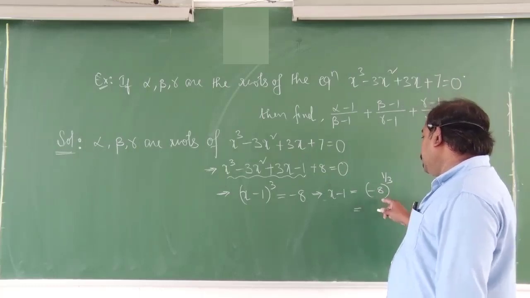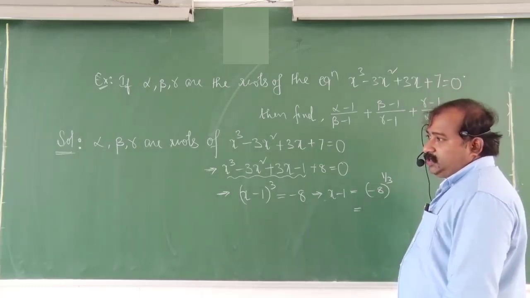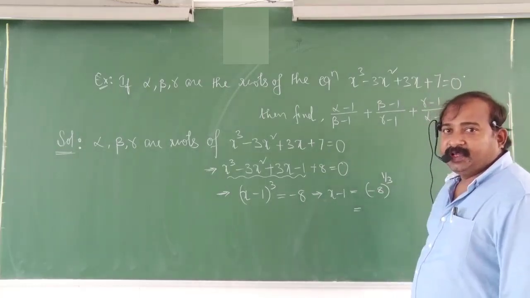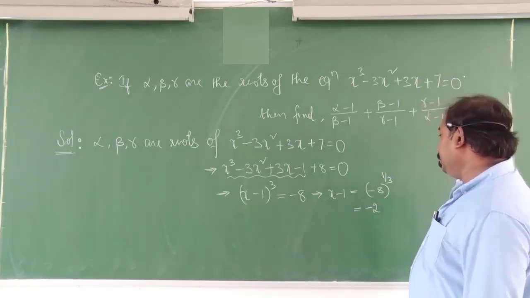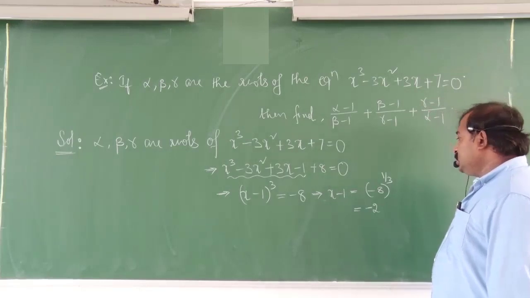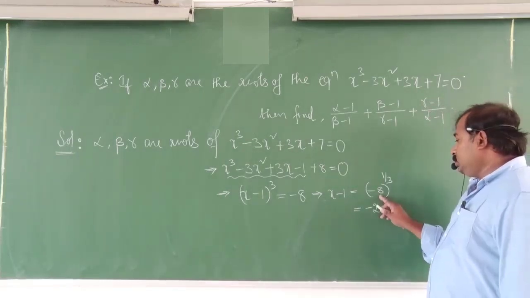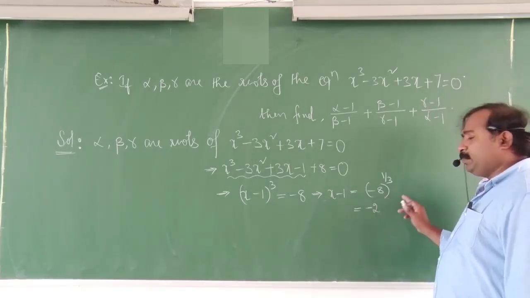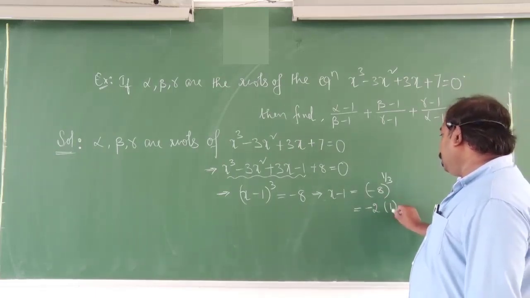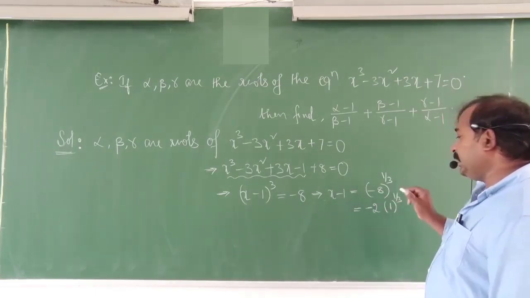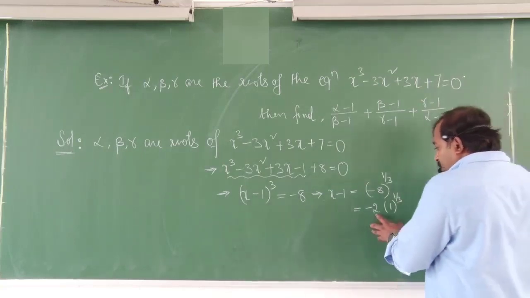Here for minus 8, I can write it as minus 2 whole cube into 1 power 1 by 3, so minus 2 into 1 power 1 by 3. Can I write like this or not? Simple. What is minus 2 whole cube?